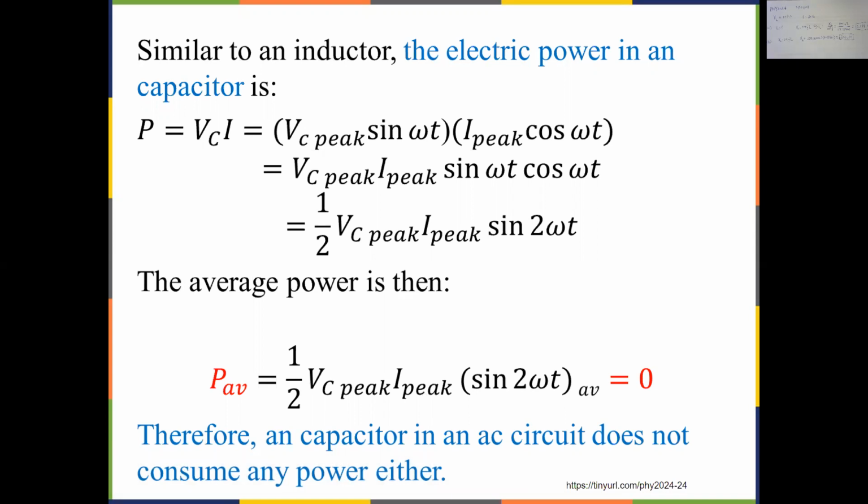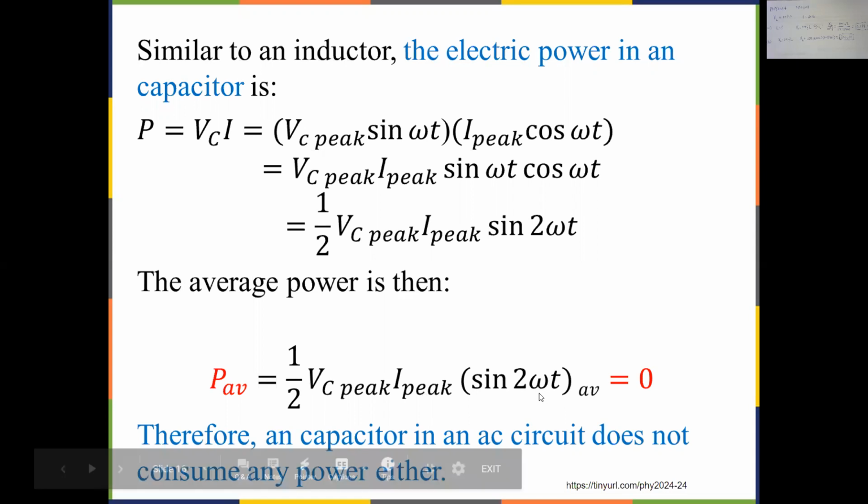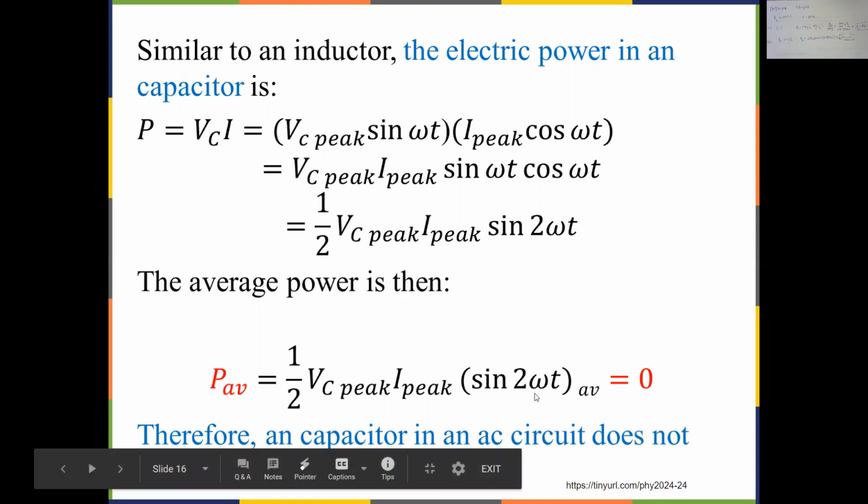So if you average a sine function, it will give you 0. So a capacitor in this case is similar to an inductor in an AC circuit. It will consume 0 power. It only stores energy when it's supplied by a source. It stores energy, but it doesn't consume the energy.